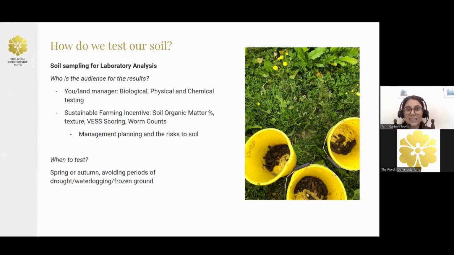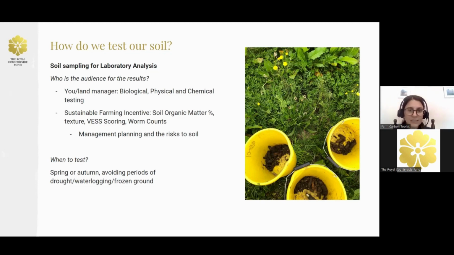You can also test in field through just running it through your hands and using some guidance. But that would be a test for soil organic matter with the lab. And with those results for the SFI, including that in a management plan to understand the risk that that soil has to these different extremes in weather and everything else.